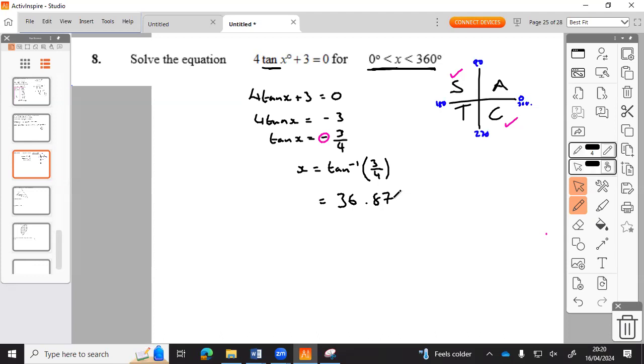We're taking that into quadrant S and into quadrant C. To find the value in quadrant S, we're doing 180 minus 36.87, and you get 143.13.